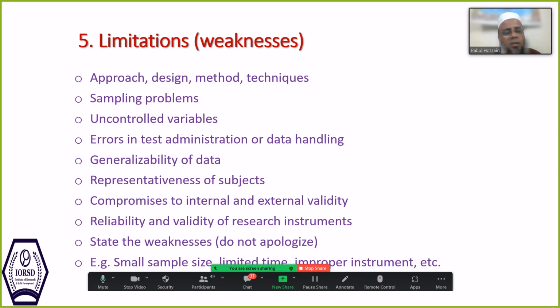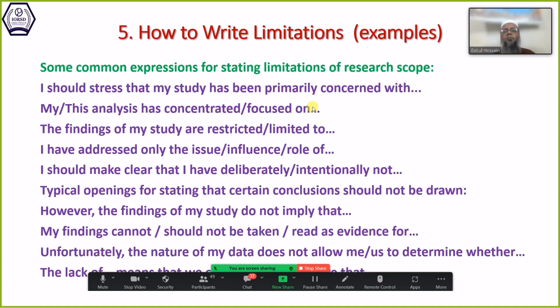All of these are limitations that you can highlight, and you can give future research directions based on these limitations or weaknesses. I should stress this is the common way of expressing the limitations.